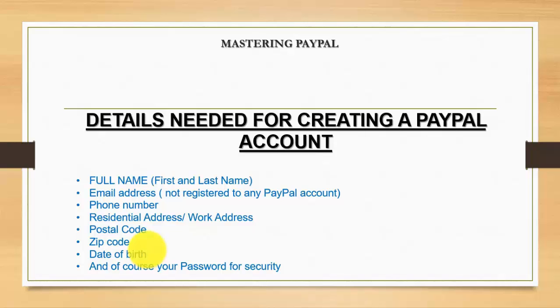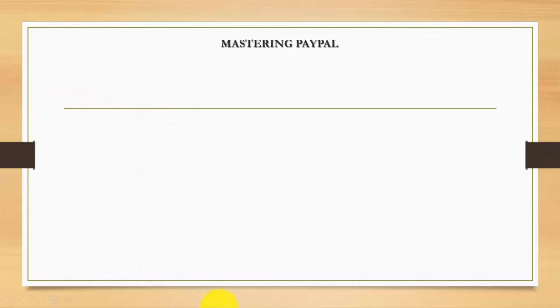And of course, your password for security, which should be known only by you. This is what protects you from any other person intruding on your account. Okay, now let's go back to our browser.